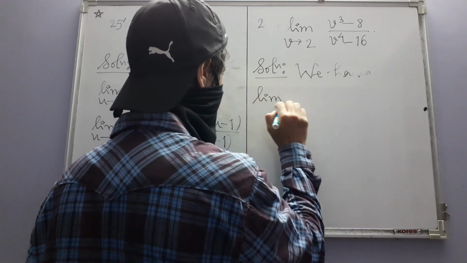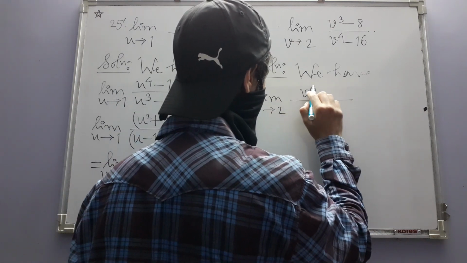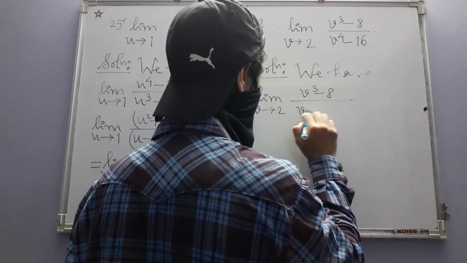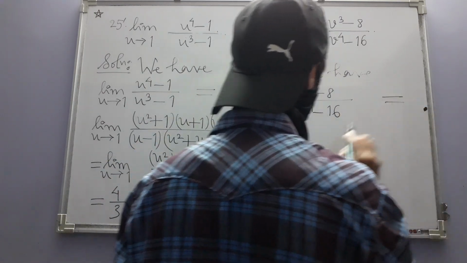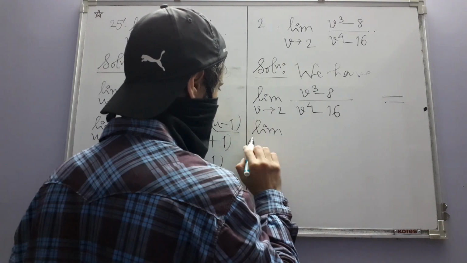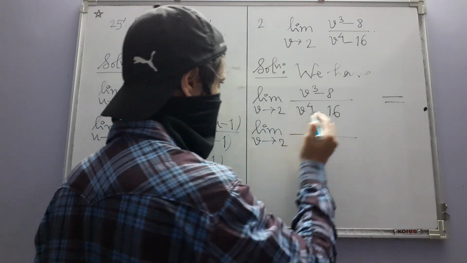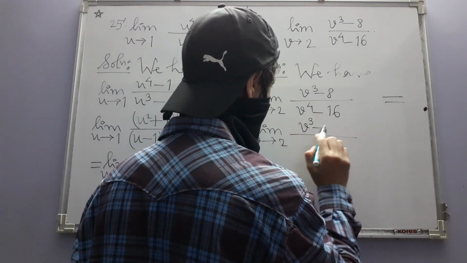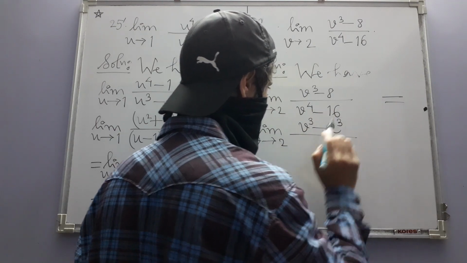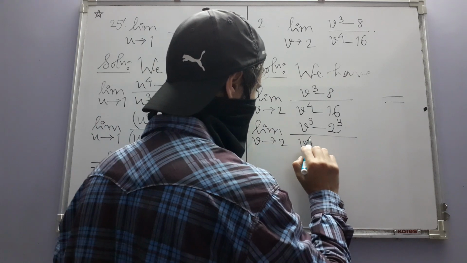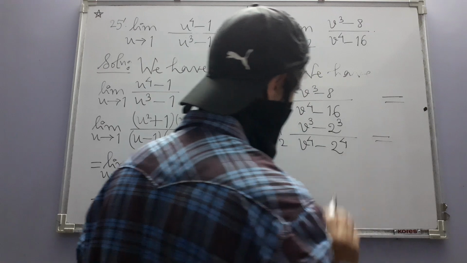So we have this is equal to... okay, but let's just express it a little more clearly. I mean this second term, in place of 8 you can write 2 cube. Similarly here, in place of 16 you can write 2 to the power 4, and then you factorize.